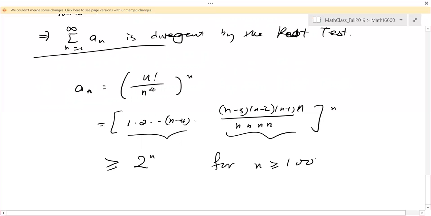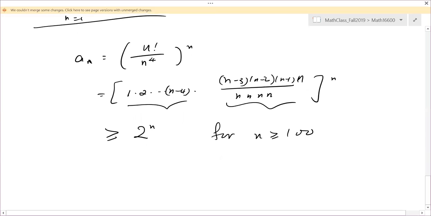Because you have n minus 4 terms in front of it, 1 times 2, this number is huge, and the last part is always close to 1. So definitely the product will be larger than 2. Then clearly this goes to infinity as n approaches infinity.